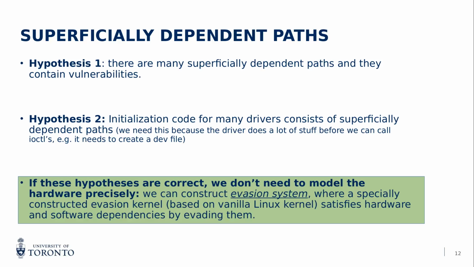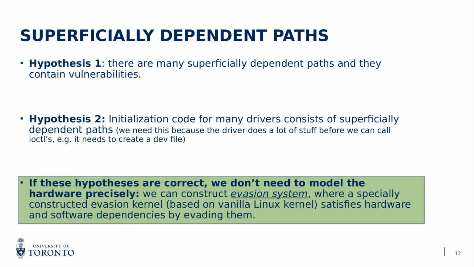If these hypotheses are correct, we don't need to model the hardware precisely to find bugs, and thus we can construct an evasion system that satisfies hardware and software dependencies by evading them, and it will be sufficient enough to load drivers and find vulnerabilities. We won't be able to find all bugs, but we'll be able to find some bugs.